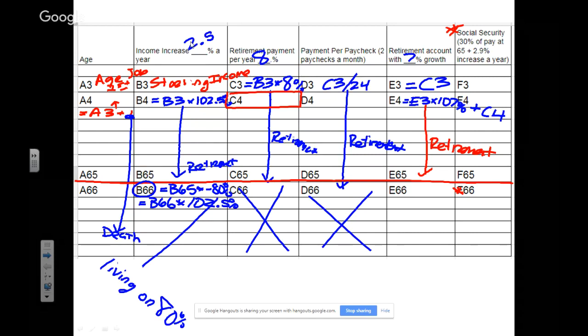Okay, so we come over here. Our Social Security benefit is going to equal, it goes right there, B65 times 30%. That's going to grow.